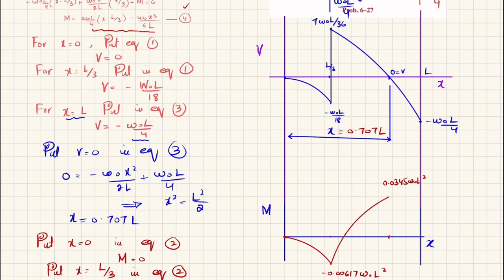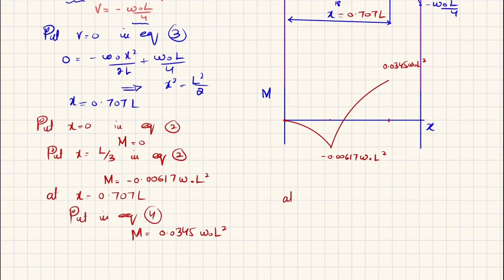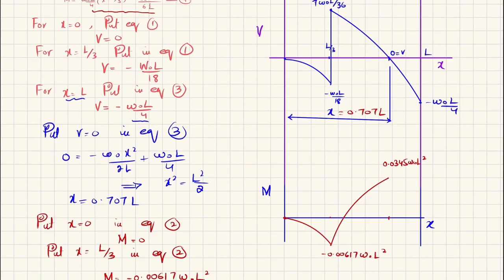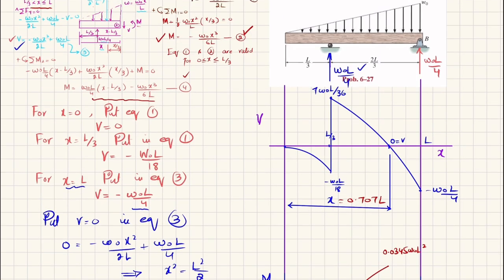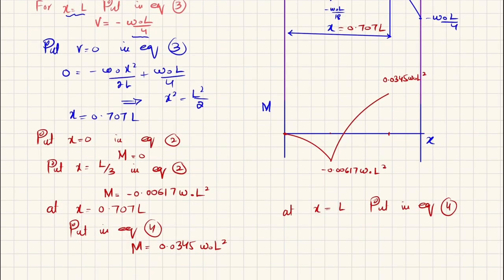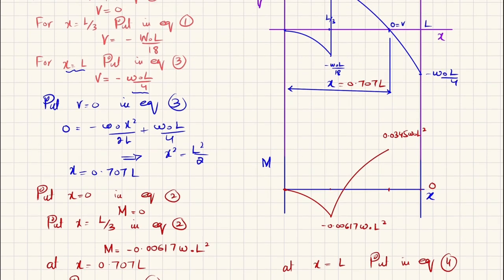Okay. Now at x is equal to L, put it in equation number 4. When you replace x with L, you will get moment equal to 0. You can calculate it, and you will get moment equal to 0 at this end. So this will be your last point, and as the shear force is a second degree curve, the bending moment will be a third degree curve, and it will be like this.